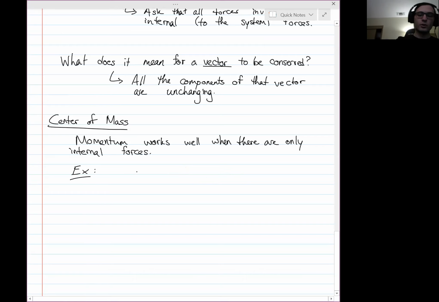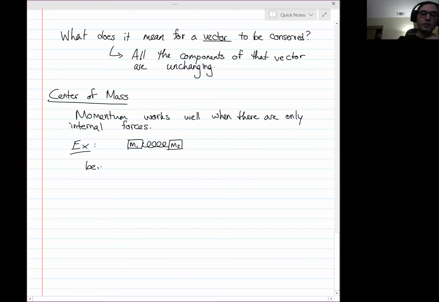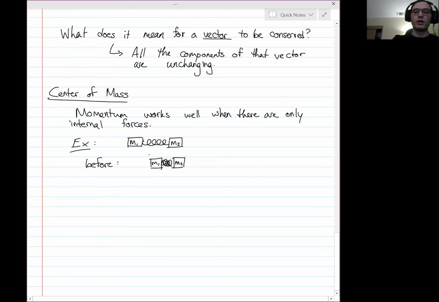So let's look at an example. Let's say that we have a block of mass m1, connected to another block of mass m2 by a spring. Let's suppose that initially the spring was really tightly wound, compressed, and they're at rest, so you're just holding them there, waiting to let them go.